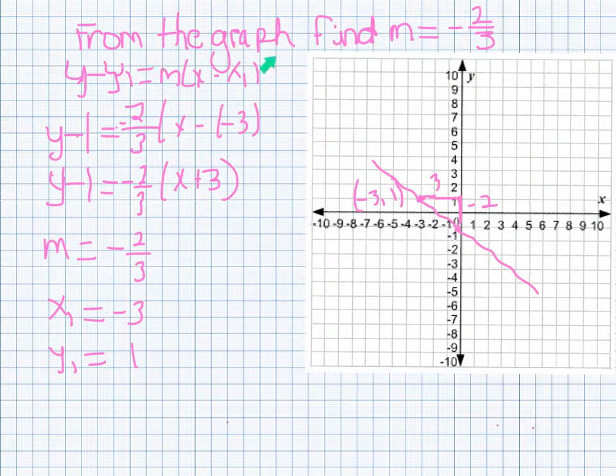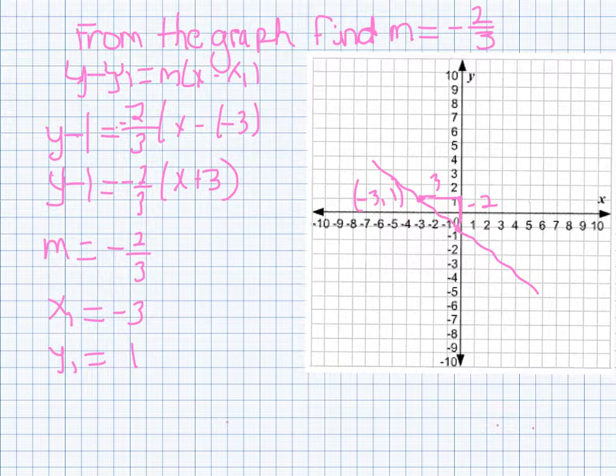Another example, from the graph, find m equals negative 2 over 3. We write our equation in point-slope form, which is going to be in the format y minus y1 equals m times x minus x1. We plug in our numbers, the point that it gave us. I didn't write it down, but the point we're working with is negative 3, 1. So that's right there. We have our run and our rise, which is a negative rise there.